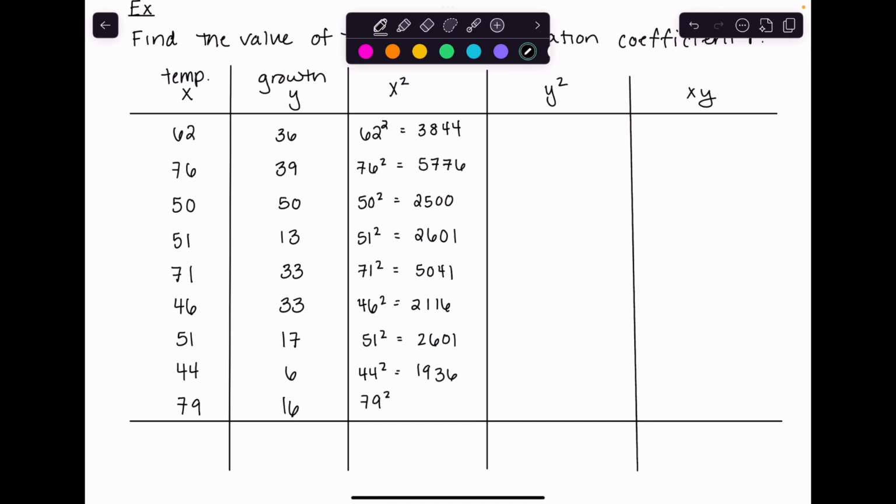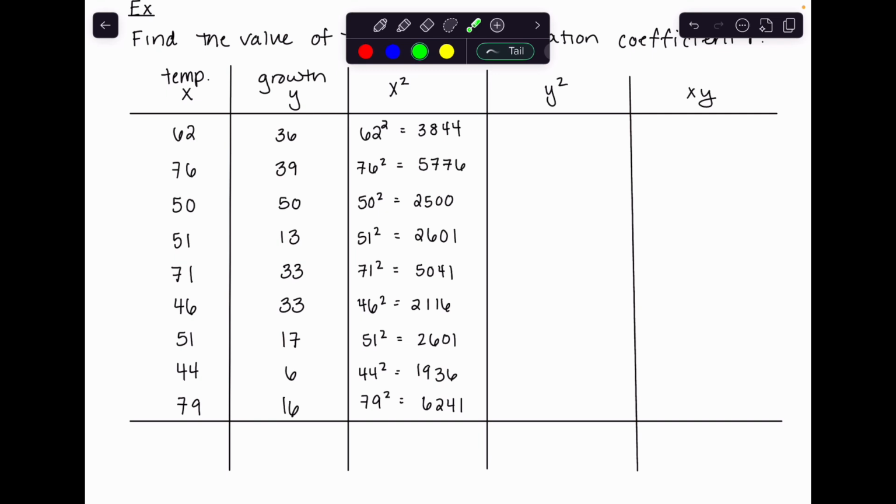And finally, the last x value squared is 79 squared, which is 6,241. So this finds each of these data values and squares it.